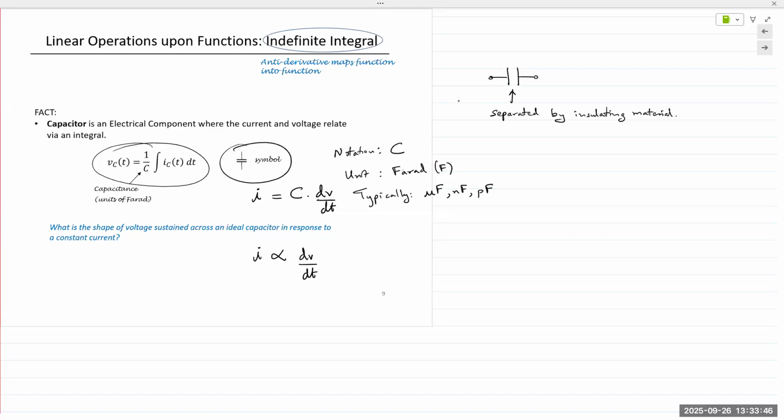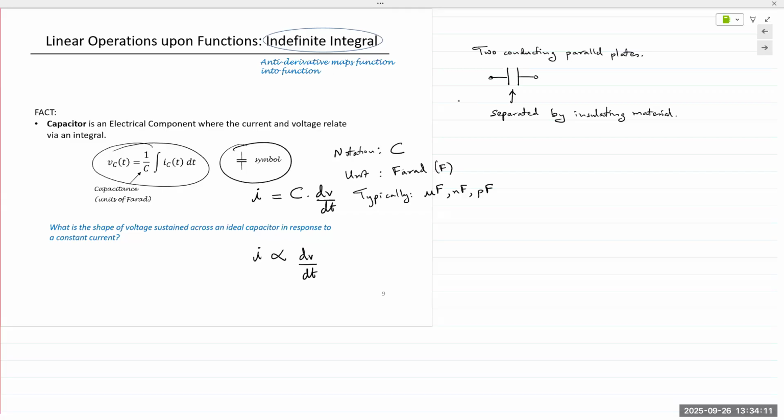So a capacitor is nothing but two conducting parallel plates, two conductors separated by an insulator.